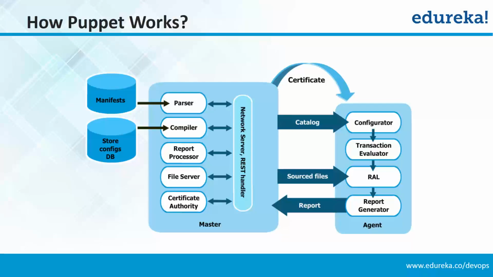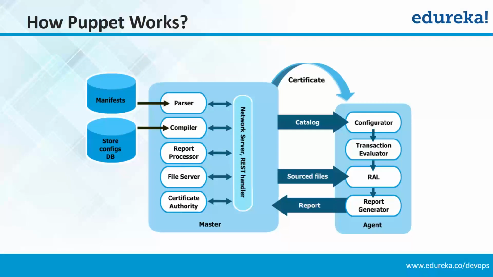Manifests are files with a .pp extension. Now, don't ask me why it's called .pp, but it's just called .pp, and that's where all the configuration is done. Once the manifests are done, they get parsed and compiled.